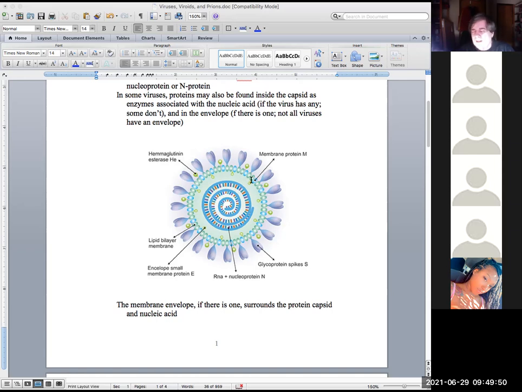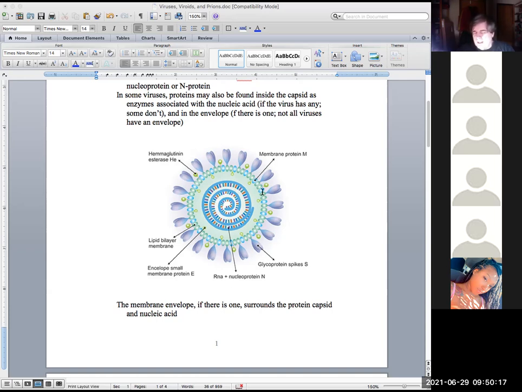This membrane is something that the virus steals from the cell that it infects when it breaks out. So some viruses take a part of their host cell's plasma membrane with them. Some viruses just punch a hole in the plasma membrane of the host cell. And when they punch a hole in it, they rupture the cell, and usually that kills the cell.